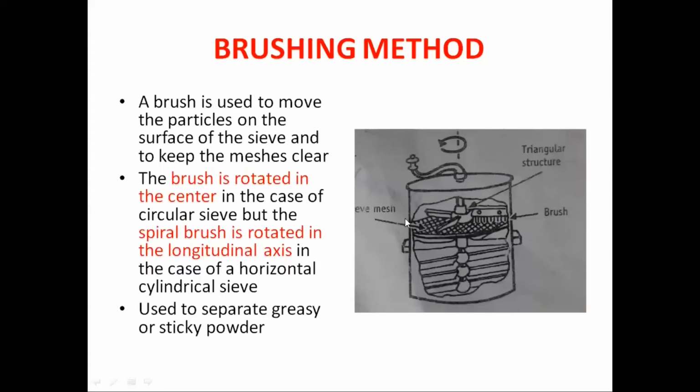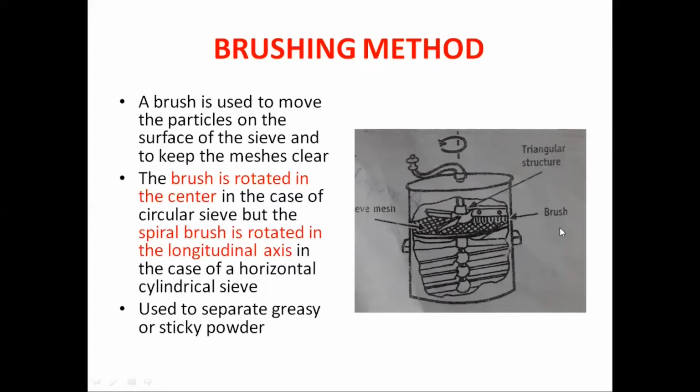Moving on to the brushing method. Here you can see a circular sieve and a brush. The brush is connected to a rotor, so this brush is rotated on the circular sieve. If we place material on the circular sieve, then the brush is allowed to rotate. With the help of this rotary brush, the material passes through the sieve and thus we can size separate the particles.